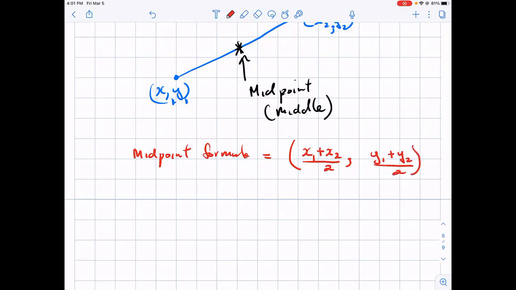Remember, middle is sort of the average, right? Middle is sort of your average. So what we do, we divide by 2 since we're speaking of middle. Middle is your average. Okay.